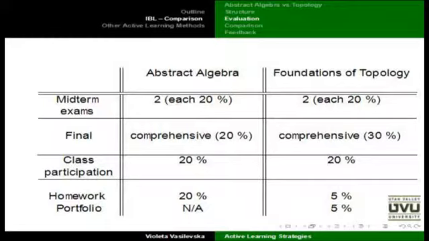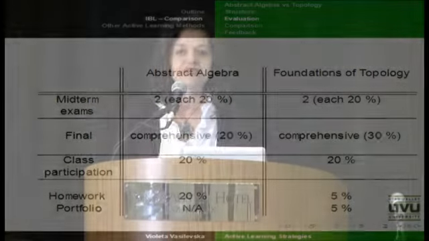For my abstract algebra class, I did not take the portfolio at the end, not even look at it, but I was grading every single homework problem. If they submitted a problem or theorem before it was presented in class, they were given 3 points, and if they submitted afterwards, they were given 2 points, and they could do revisions.